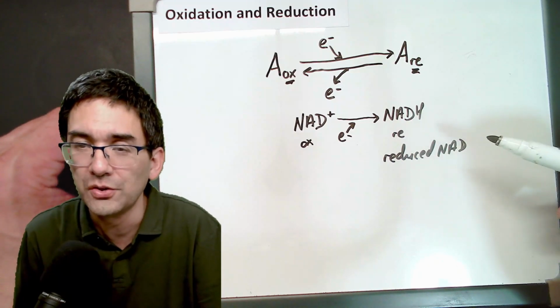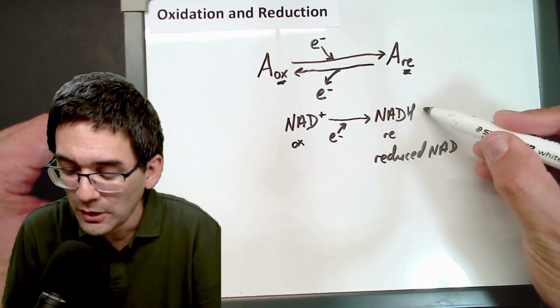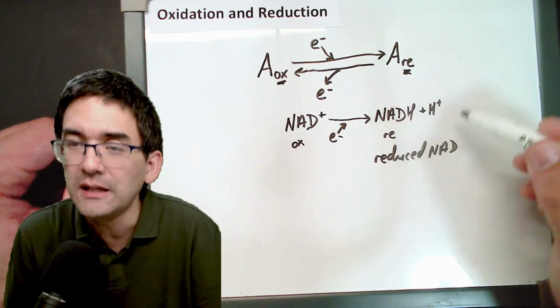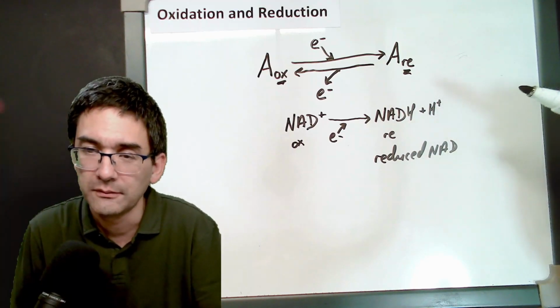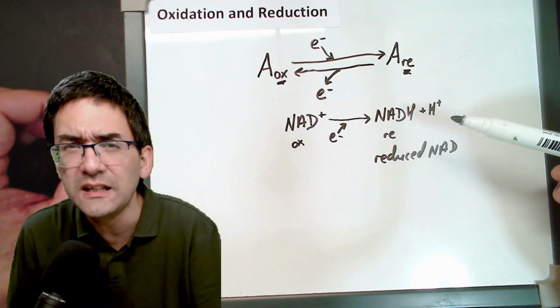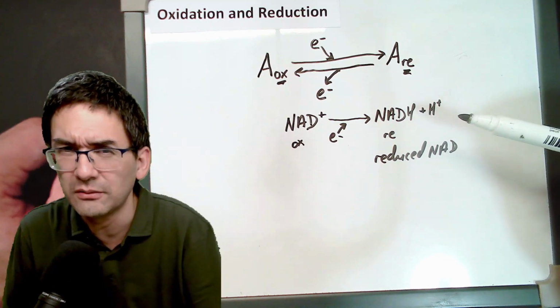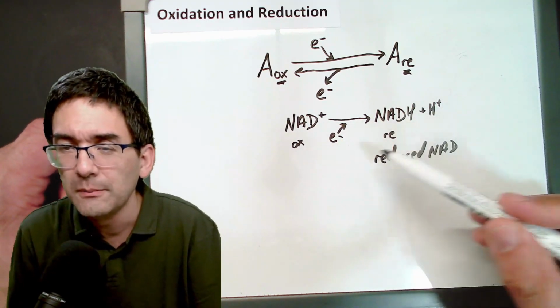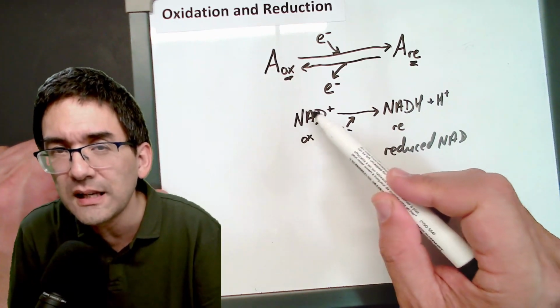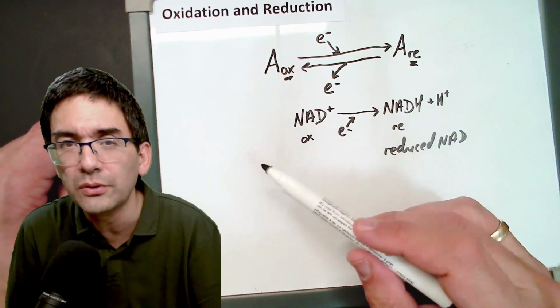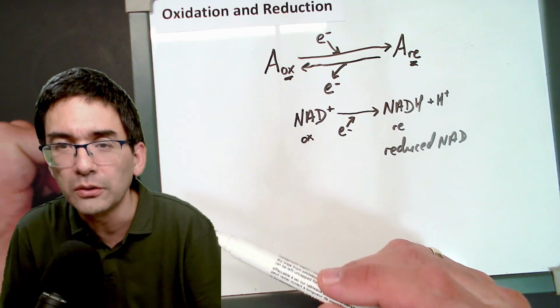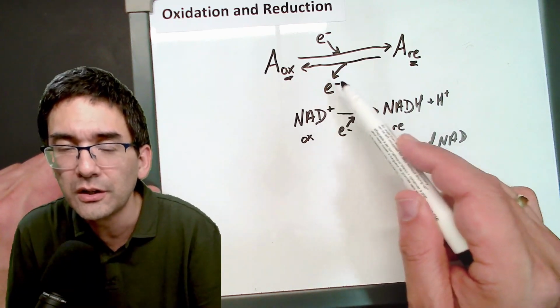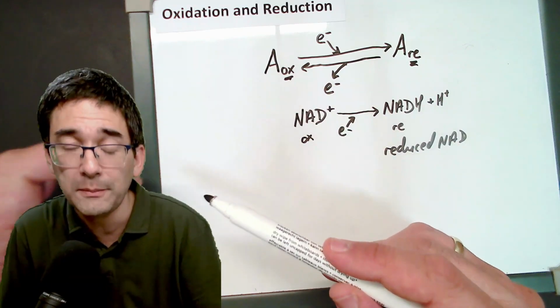Other people also write it differently, NADH plus H plus, same meaning. I think even I've seen NADH2, which is, strictly speaking, not quite correct, but it's also possible to say that. But in any case, the important thing is that this NAD is an important electron-carrying molecule that we're able to use to pass electrons between substances.